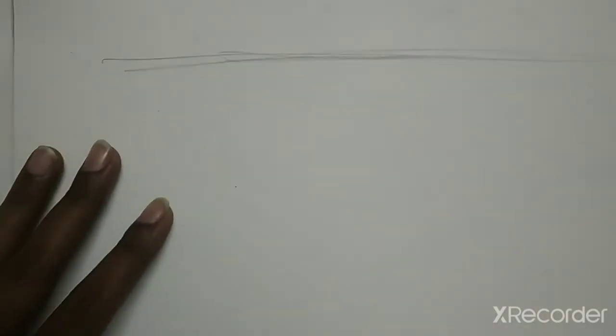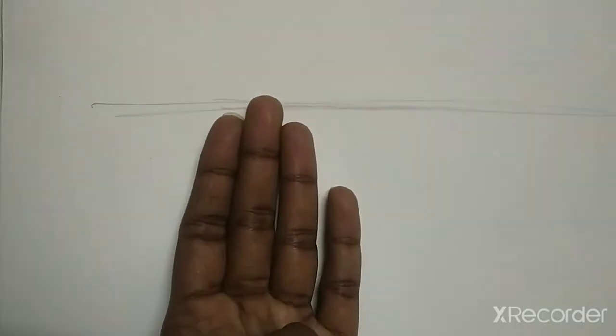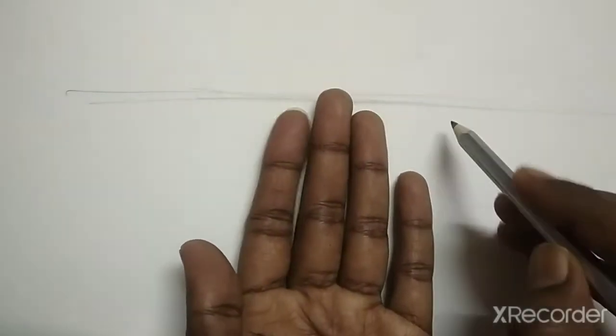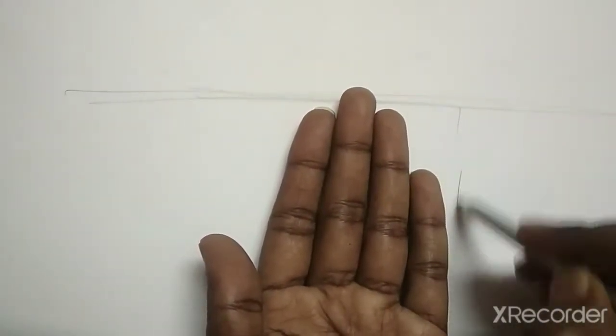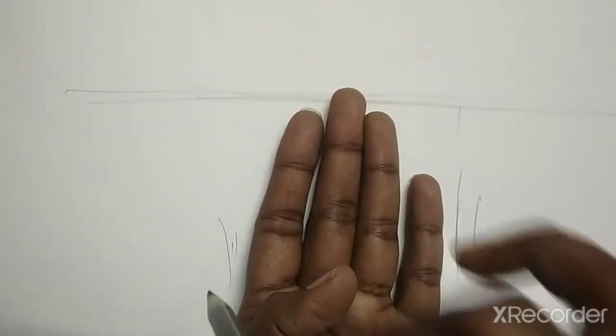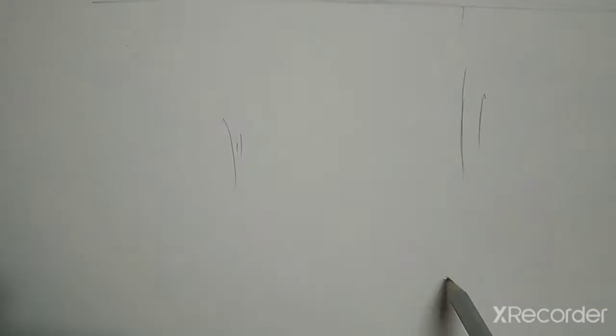I'll show you how to draw step by step. So here we'll leave 3 finger space. Now you can keep your 4 fingers. Don't take it in the middle. Take it a little bit to the left side or right side. Okay, and then mark dots or lines till here.